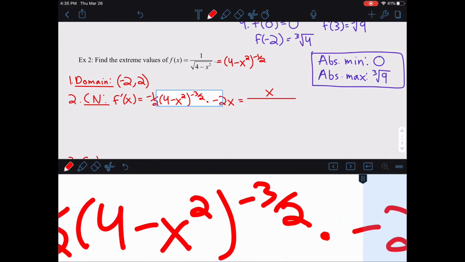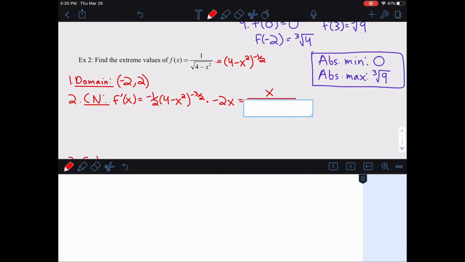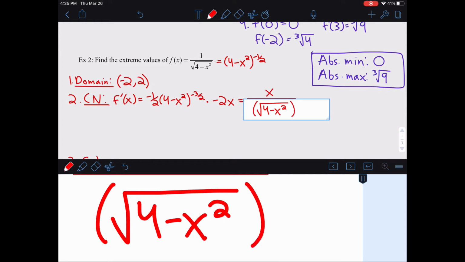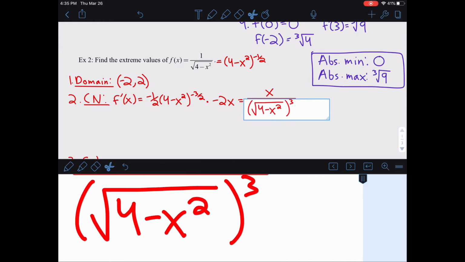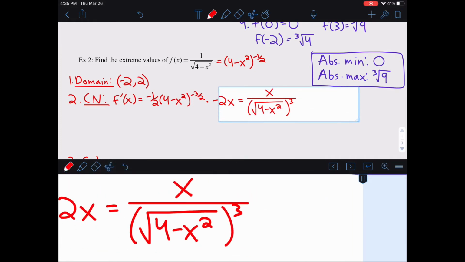But what does that actually mean? I'm going to break this up. So the 1/2 power, the denominator 2, means I'm going to take the square root of 4 minus x squared, but all of it has to be cubed. So this is x over root 4 minus x squared cubed.